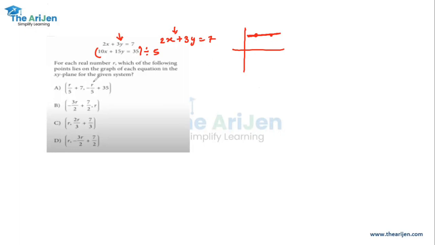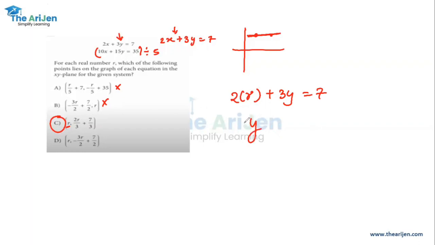Let's see, we will start with option C because these two are looking a little bit complicated. So I am taking option C. I am putting x as r because the x coordinate is r. So I'm putting 2 into r plus 3y is equal to 7. So 2r plus 3y is equal to 7. I have to find the value of y. Should I get this coordinate or not?